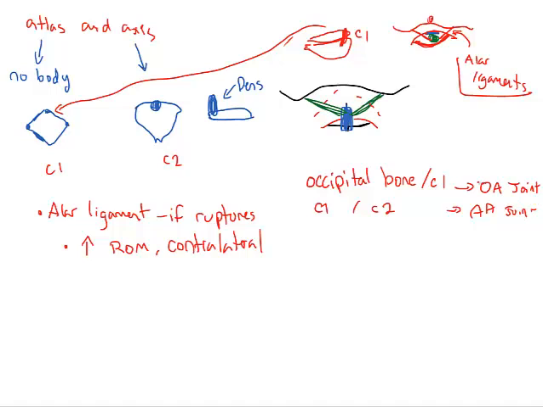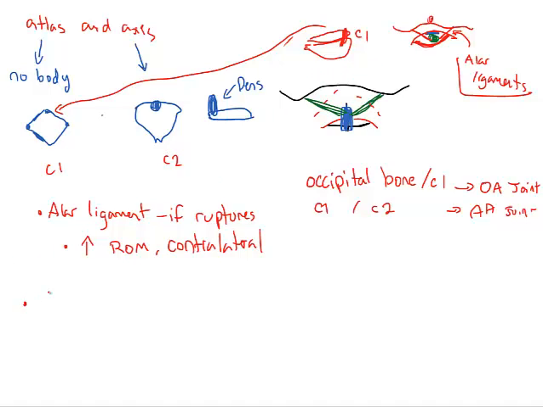So that is the occipital-atlas joint and the atlanto-axial joint. So that basically covers what I wanted to go over for this area. Well, at least mostly just the normal anatomy.